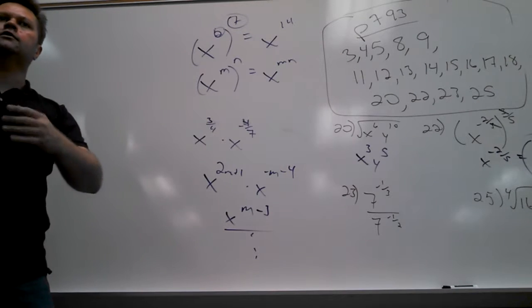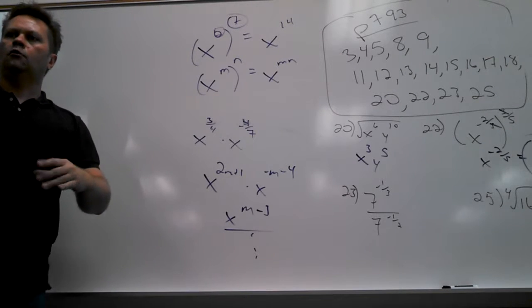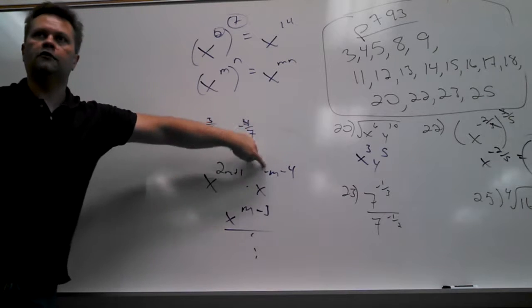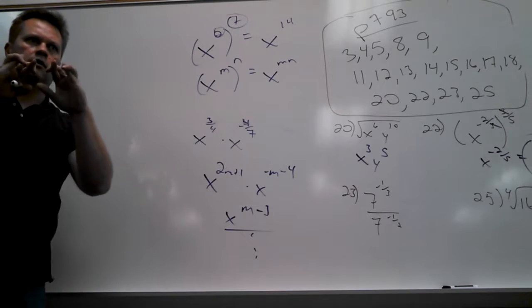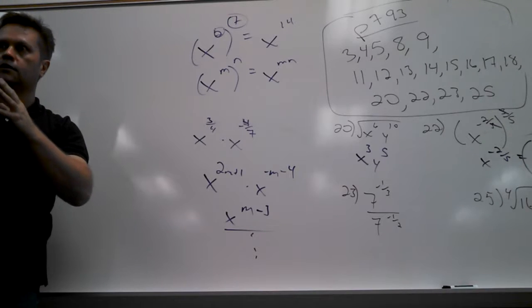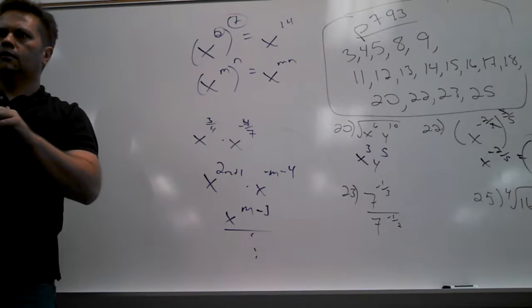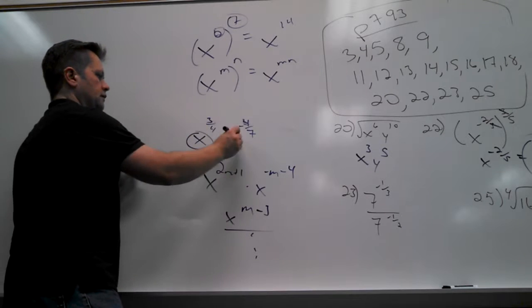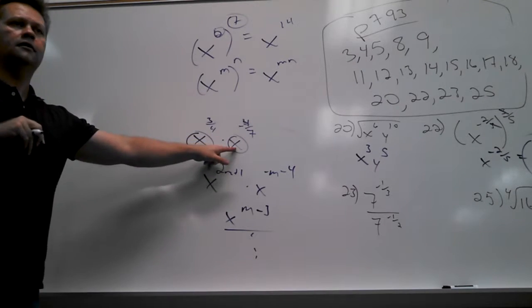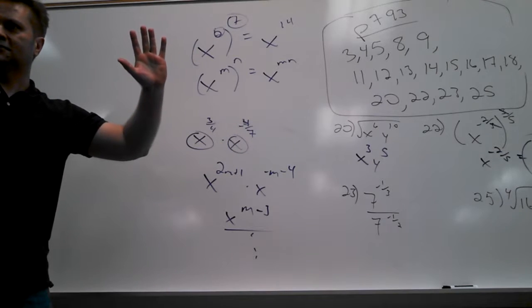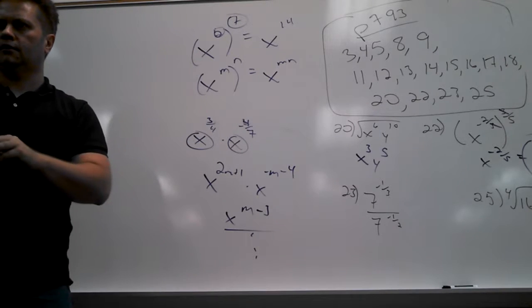See, so the properties don't care. Whatever's there, you add them. If they're divided, you subtract them. If there were two different variables at the base, then I wouldn't do anything. This is all predicated on these being the same base, right? If that was a y, I'd have nothing to do. It'd be simplified already, right?